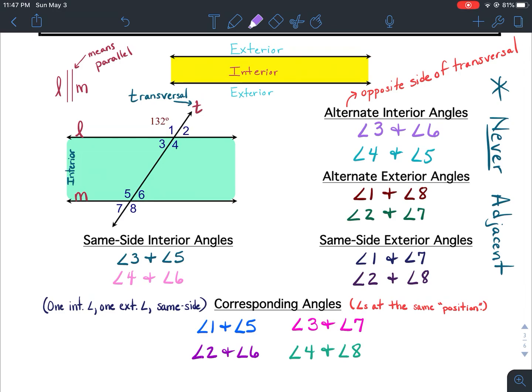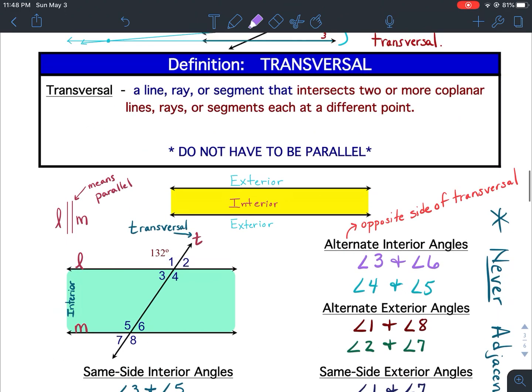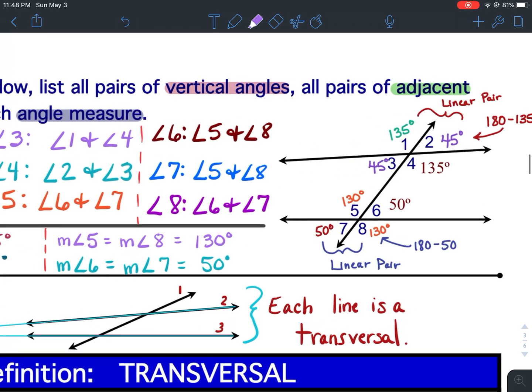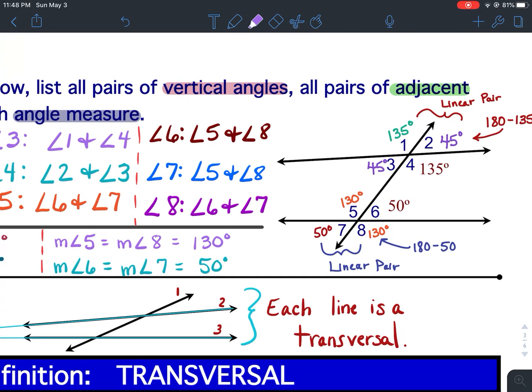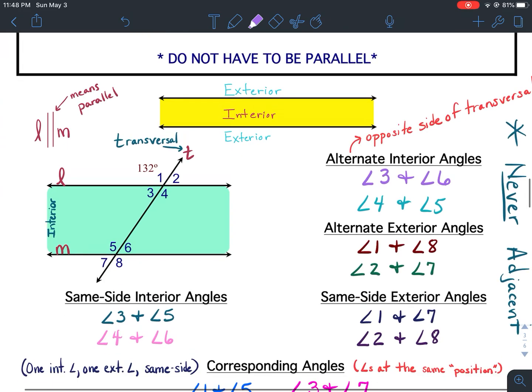Okay, so we learned about alternate interior, alternate exterior, same side interior, same side exterior, corresponding angles. One more thing I want to show you from this. Remember up in example 2 where we used vertical angles and linear pairs to find the angle measurements?